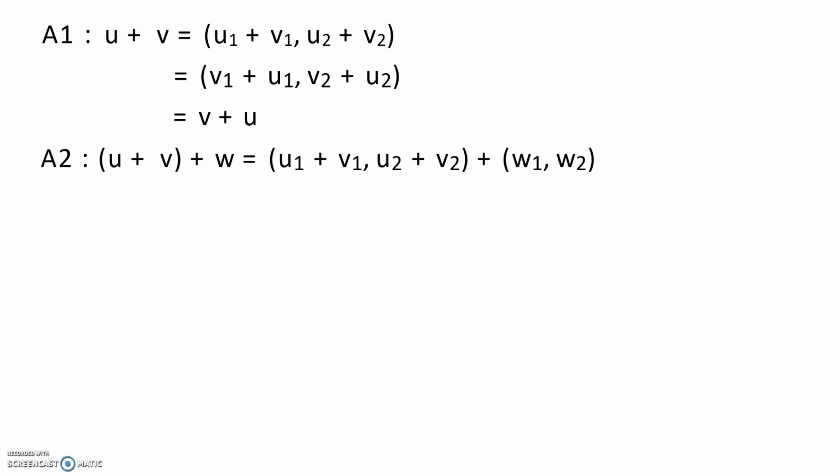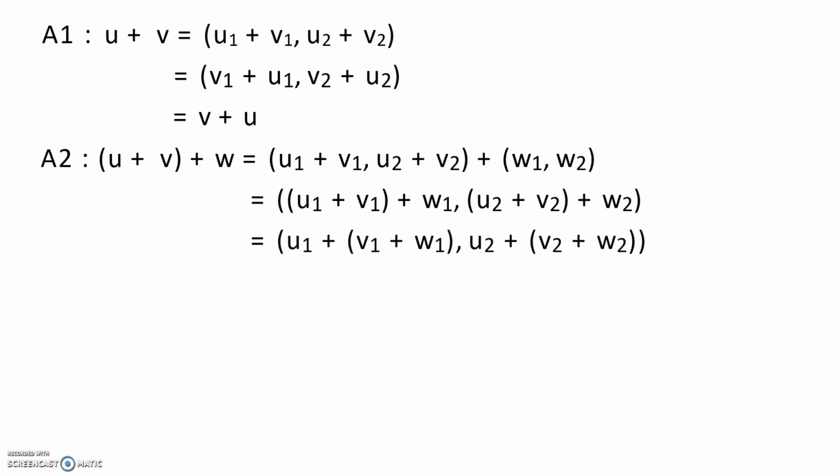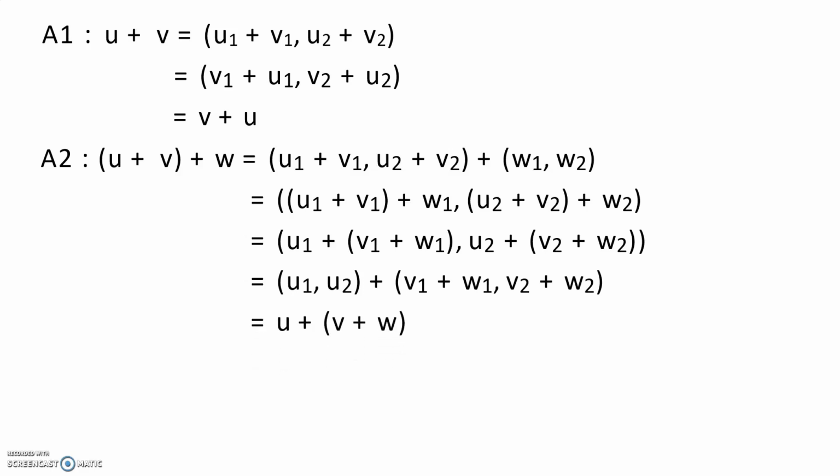Now A2, consider u plus v plus w which is equal to u1 plus v1, comma u2 plus v2 plus w1, w2, and which is equal to u1 plus v1 plus w1, comma u2 plus v2 plus w2, because associative property holds for real numbers, and hence we can write u1, comma u2 plus v1 plus w1, comma v2 plus w2, and which is equal to u plus v plus w.